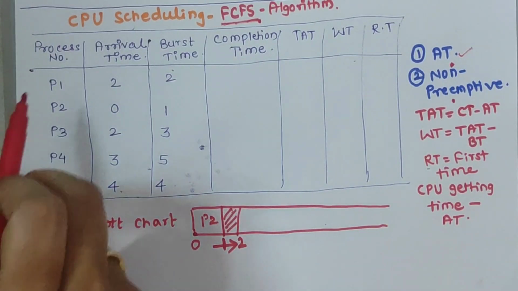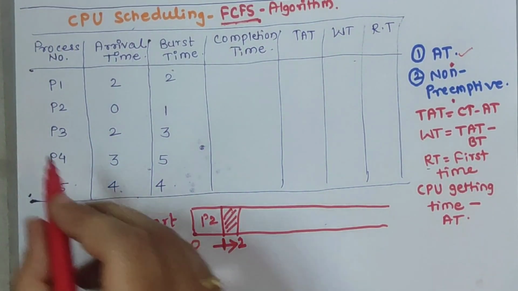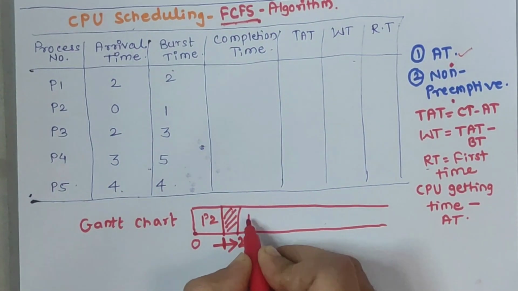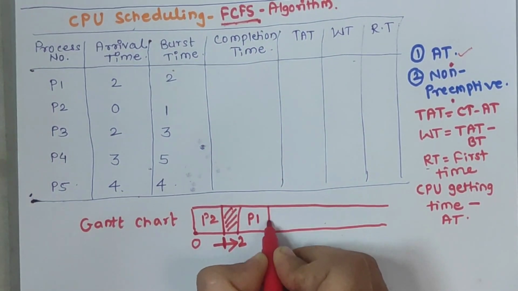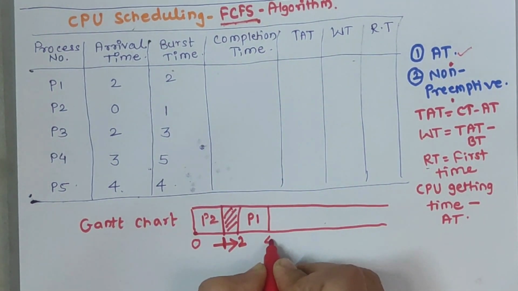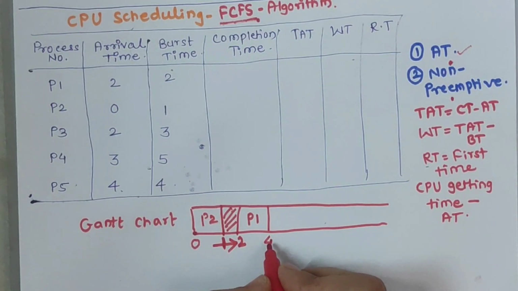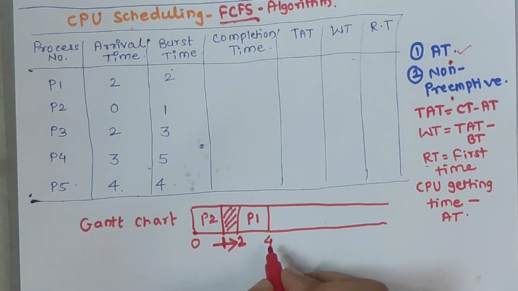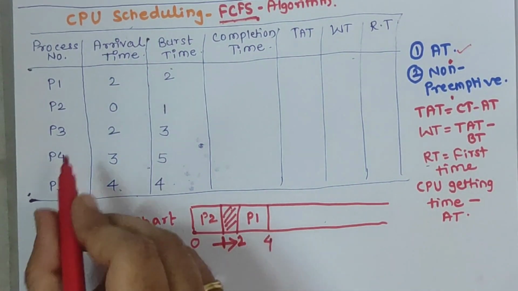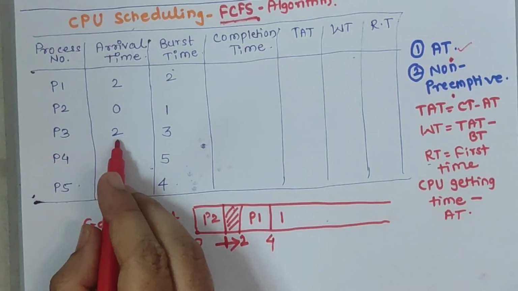At time 2, both processes P1 and P3 arrive, so we go sequentially. We put process P1 in for scheduling and it completes after 2 units, so at time unit 4, P1 completes its execution. After that, we put process P3 for execution. P3 had already arrived at time unit 2.